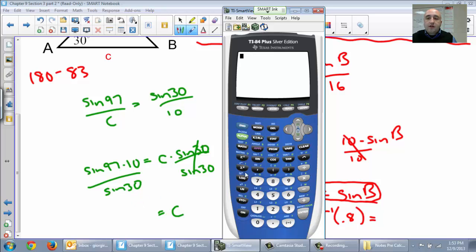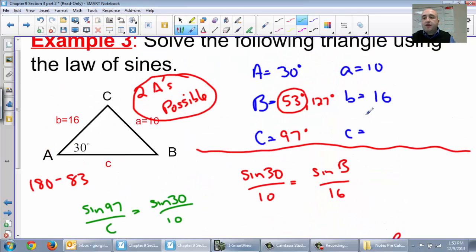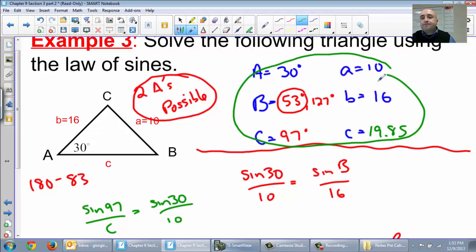I don't know what's going on with this calculator today. Sine of 97 times 10, enter, divided by sine of 30, enter. So I get 19.85. And there are my three answers.